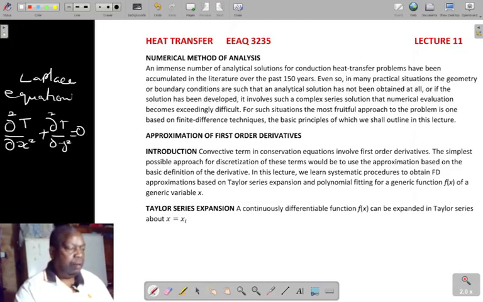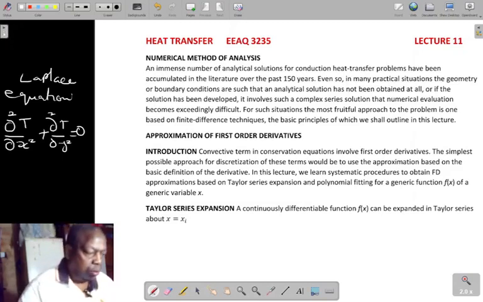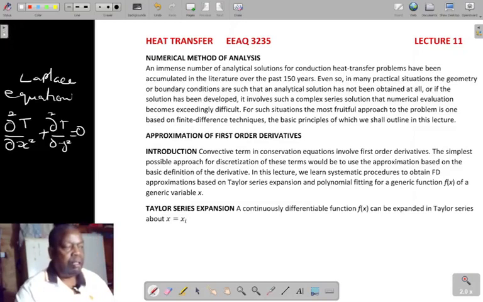Now we have a number of numerical methods. The first one is the finite difference method, which is the oldest, whereby we find a way of solving partial differential equations like the Laplace equation.